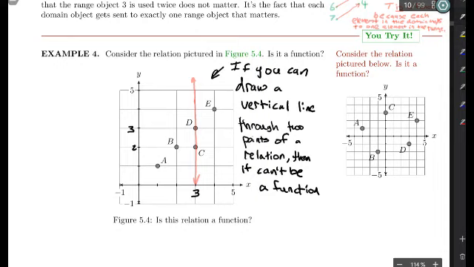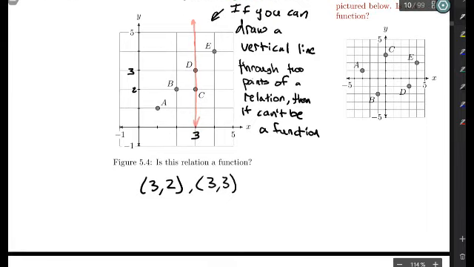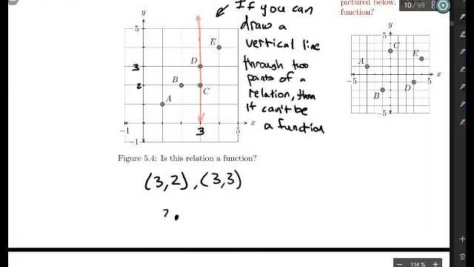So if we have 3, 2, and 3, 3, then we have 3 in the domain, and in the range we have 2 and 3, and 3 is mapping to 2 things. So not a relation.